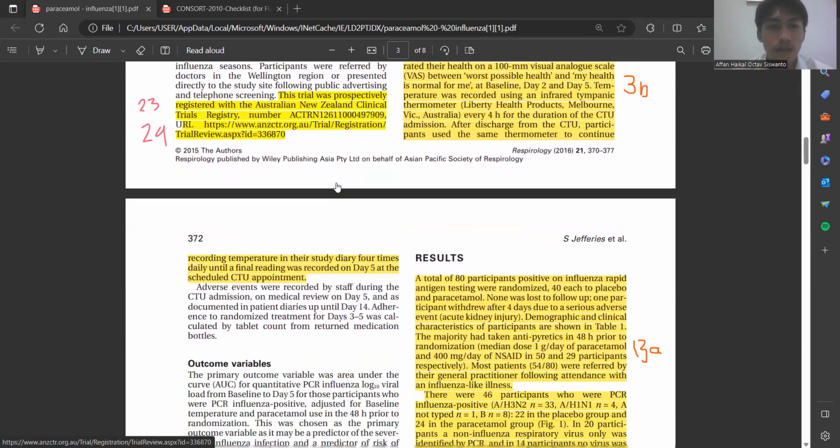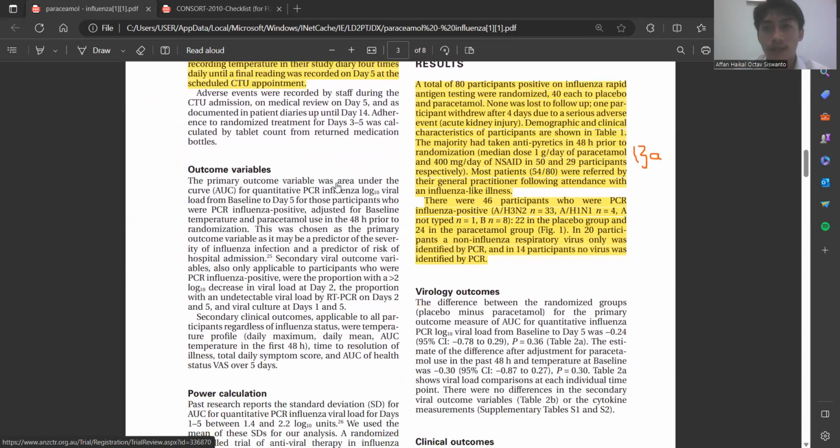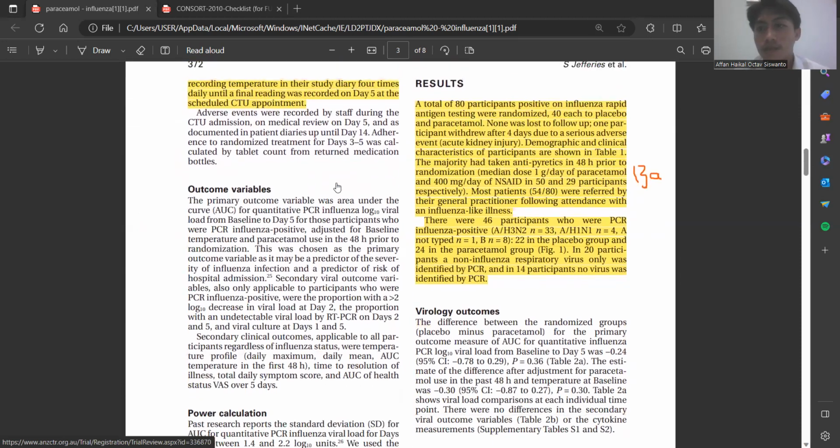Okay, the next item we get here is item 13A. This item 13A is for each group, the numbers of participants who were randomly assigned, received intended treatment, and were analyzed for the primary outcome.